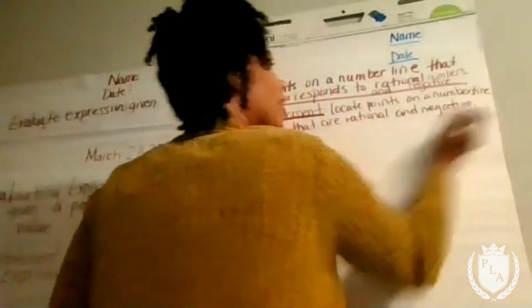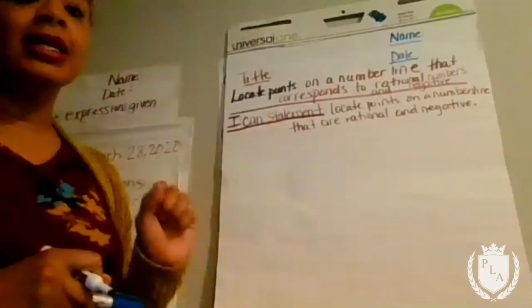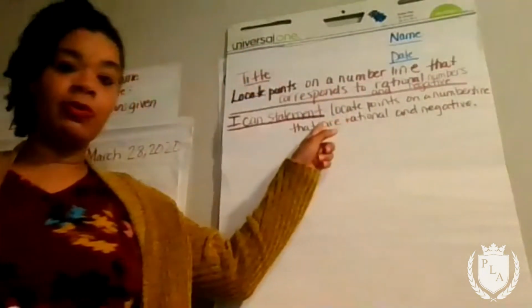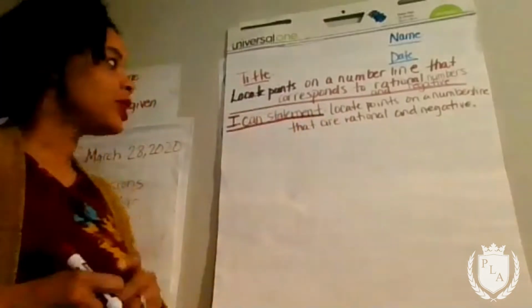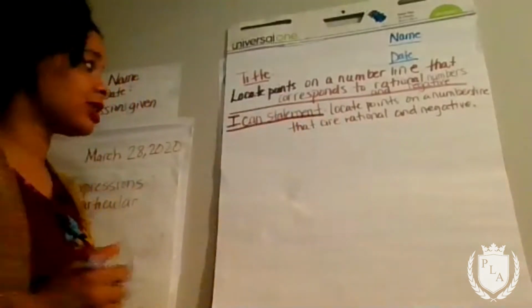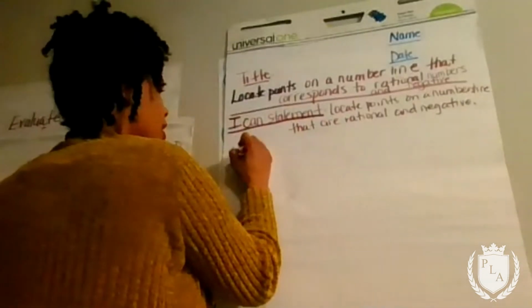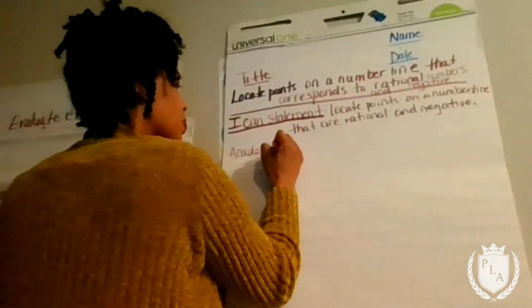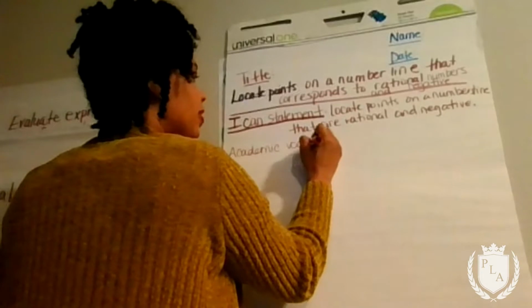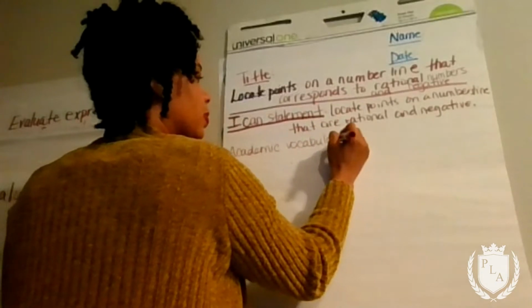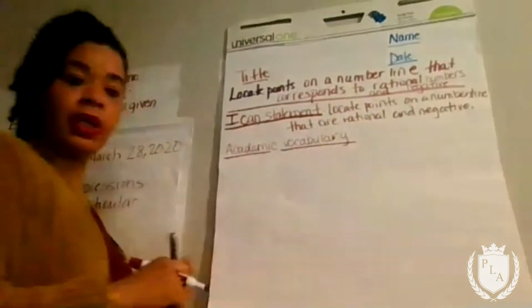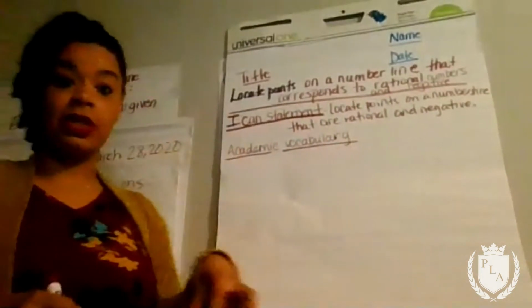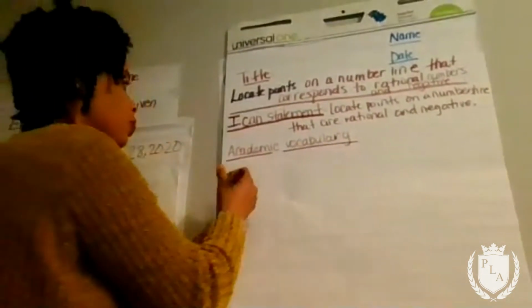Okay. So remember this because at the end of the lesson, this is what we should be able to do, okay? This is our goal. So before we begin, I'd like to go over academic vocabulary. Before we dig deep into the lesson, I want to go over what whole numbers are.